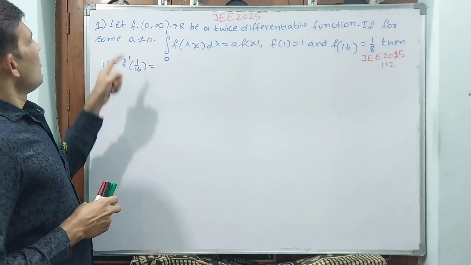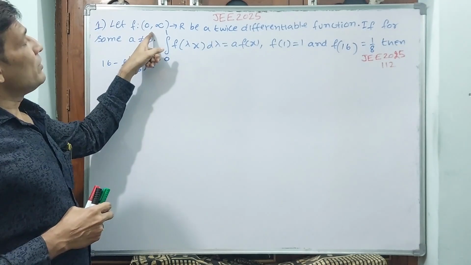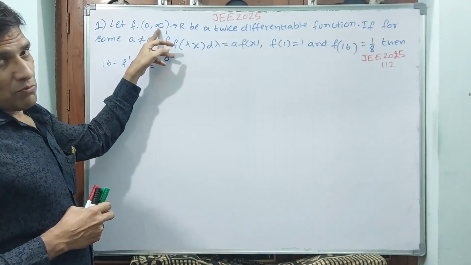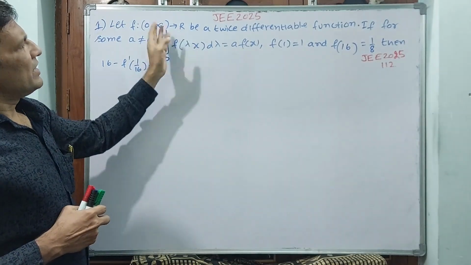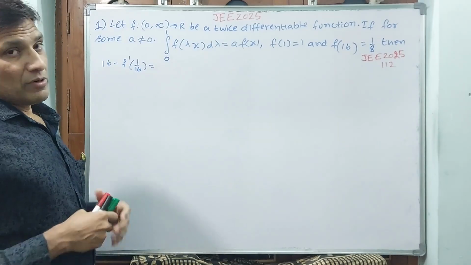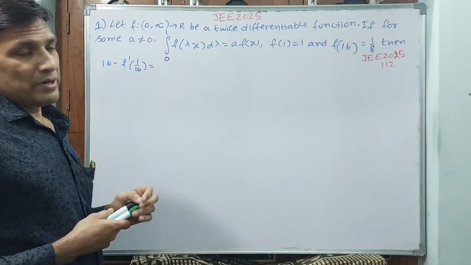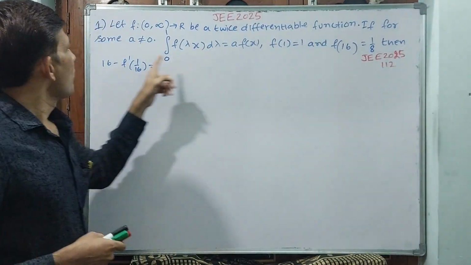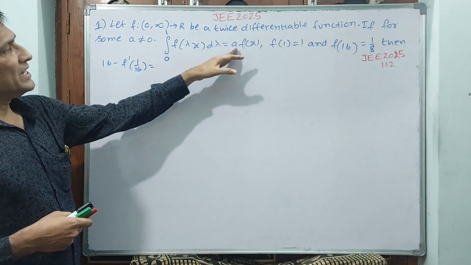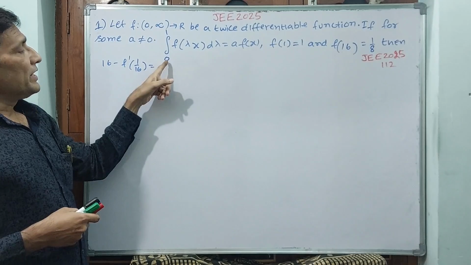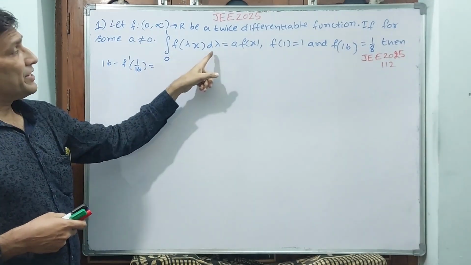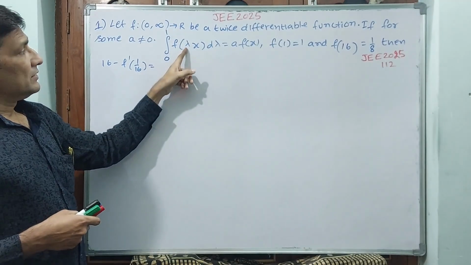Let f be a function mapping from 0 to infinity to the real numbers. That means here only 0 and above positive will come in the domain, but in the range any number will come, that means negative also may come. Let f be a twice differentiable function, double differentiation can be done, such that for some a not equal to 0, which we will find afterwards, the integral from 0 to 1 of f of lambda x d lambda, sorry, d lambda.